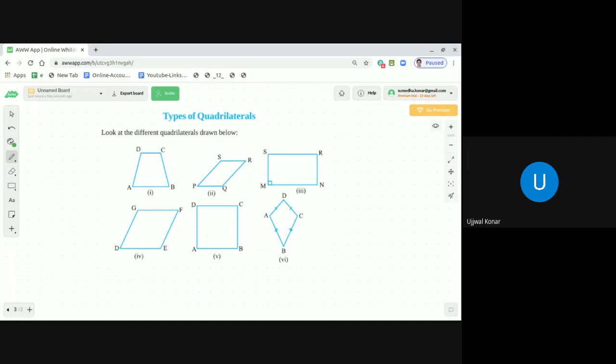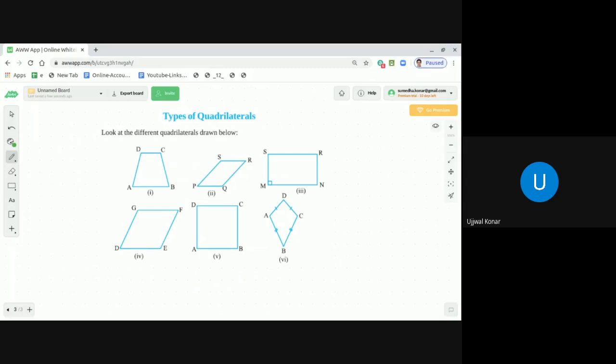One thing is common: all these six figures are quadrilaterals. It is just like a subset. They are different types of figures, but all under a superset called the quadrilaterals.